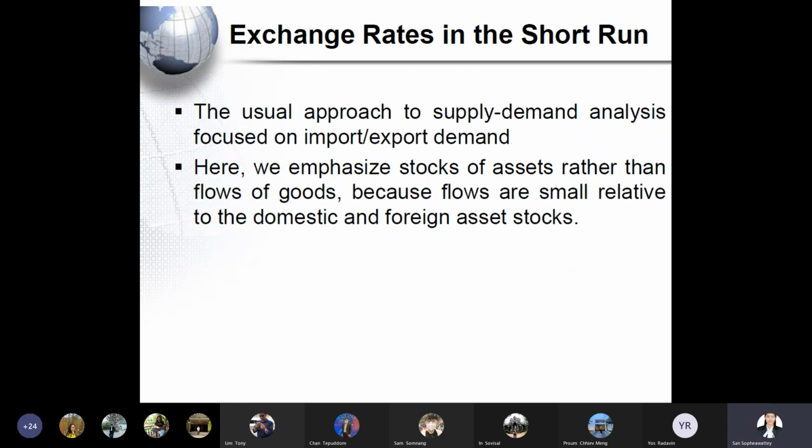The usual approach to analyze the supply and demand of the foreign exchange market in the short run is to focus on import and export demands. Here we emphasize the stock of assets rather than the flow of goods, because the flows are small relative to the domestic and foreign asset stocks. You already know the difference between the stock and the flow idea.